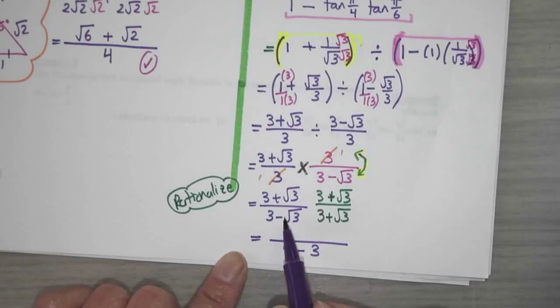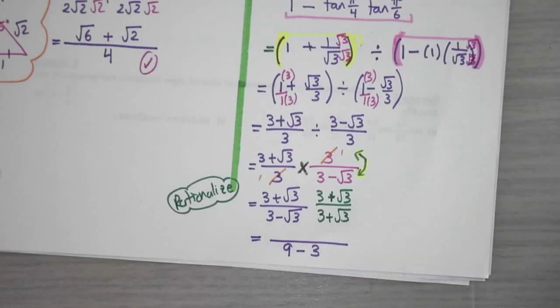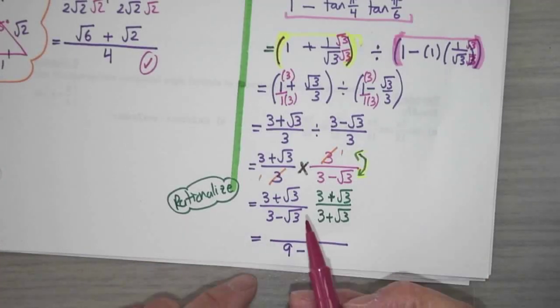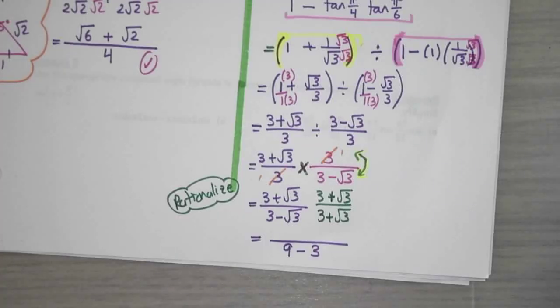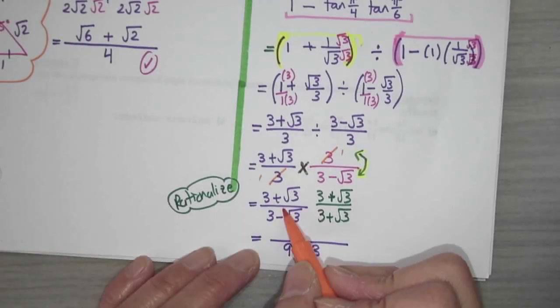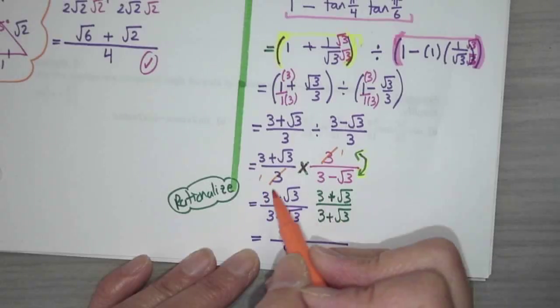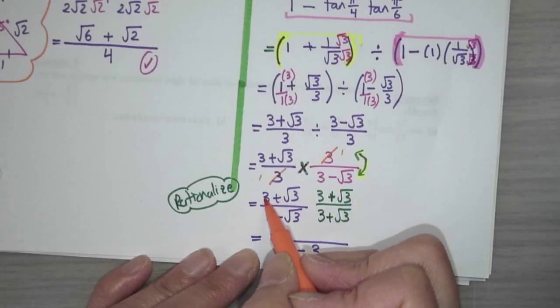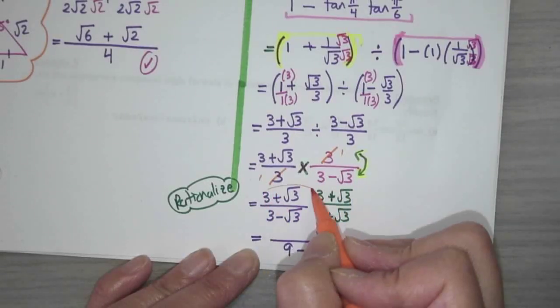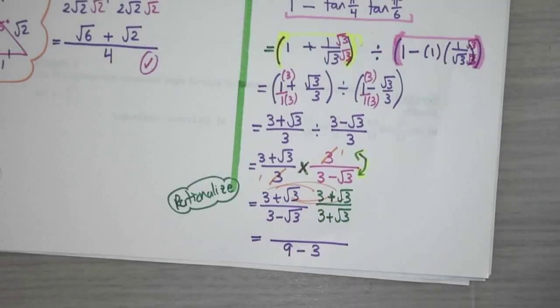The numerator, you have to do the whole FOIL. So it's going to be this whole thing, but also, if you notice, it is a binomial squared, right? So hopefully you notice that they're the same, so you don't have to do the full FOIL. So again, you can do the whole FOIL, but it's a binomial squared, so hopefully you can do it a little faster.